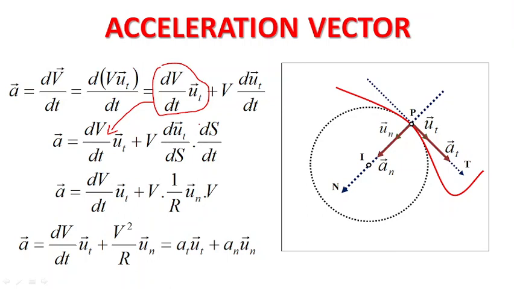We said that ds by dt, the arc length, represents the distance covered by the object divided by time. ds by dt is v. And this is verified: dut by ds is equal to 1 over r un.